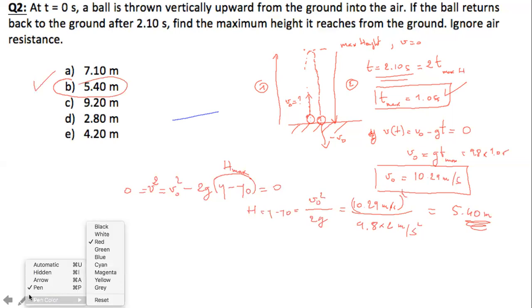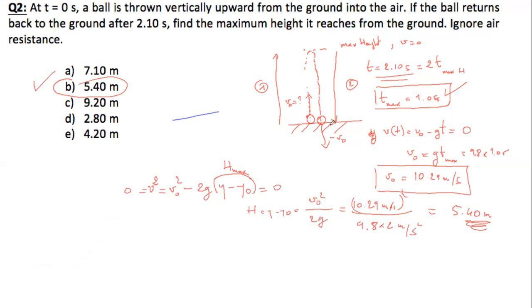Another way to solve the same problem: we can say y final, which is y when I return to the ground, minus y initial, which is y at the ground, is 0.